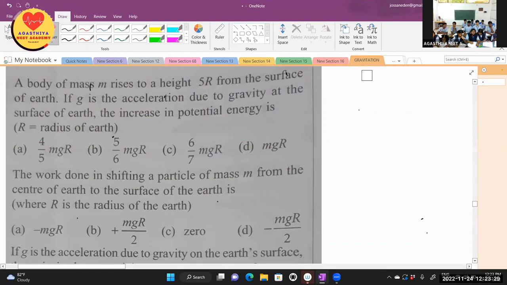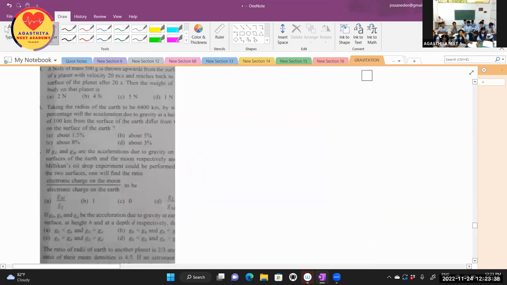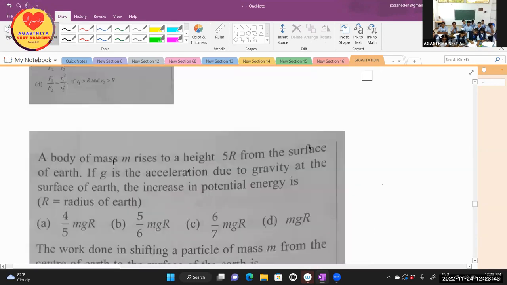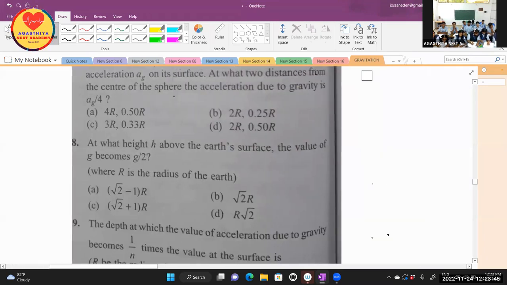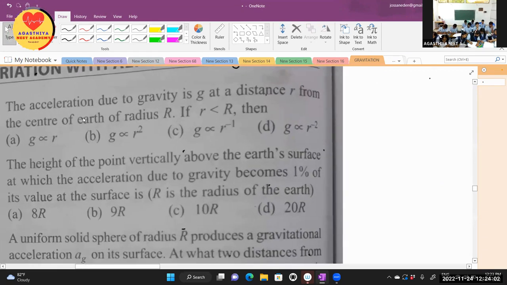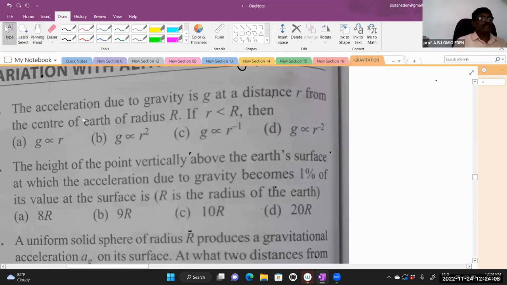Option C. See the first question, students.